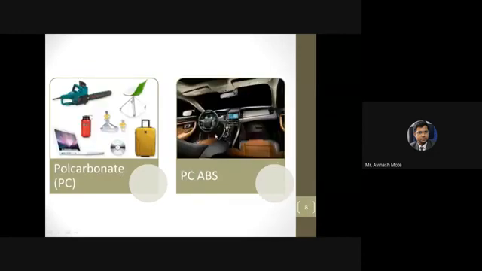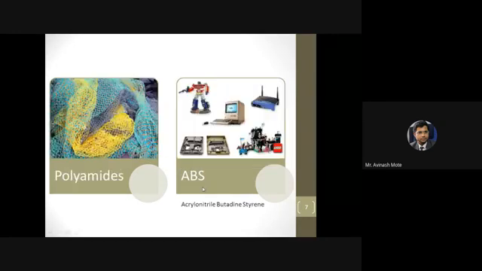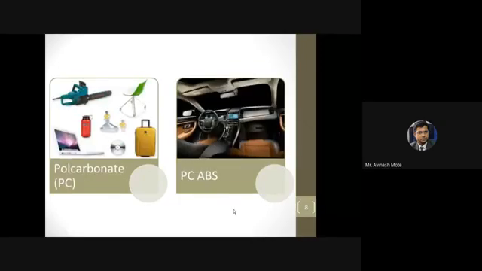What you require in a vehicle interior is a good surface finish, a good look, as well as so many electronic devices being fitted inside this plastic material. So it is a combination of PC and ABS, polycarbonate and acrylonitrile butadiene styrene. This interior is mostly made from the combination of polycarbonate and ABS plastic.